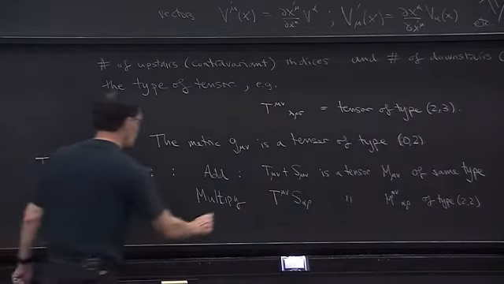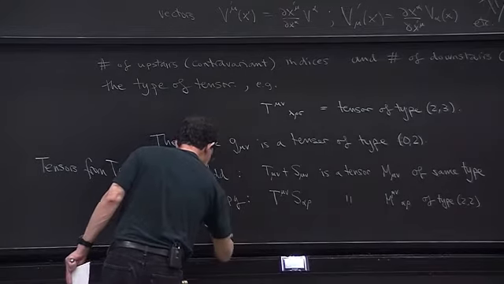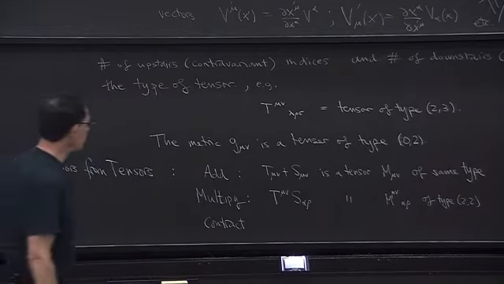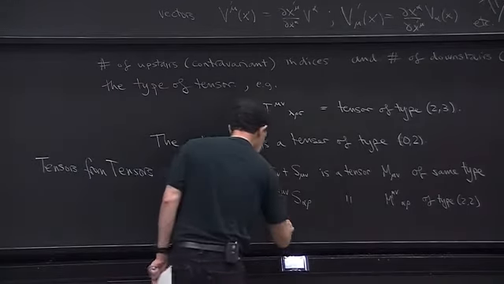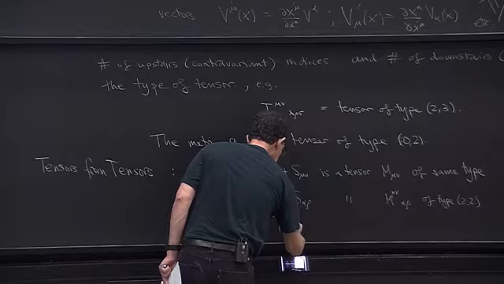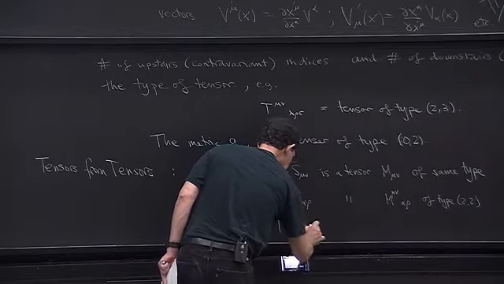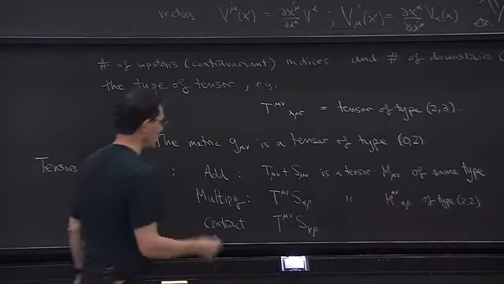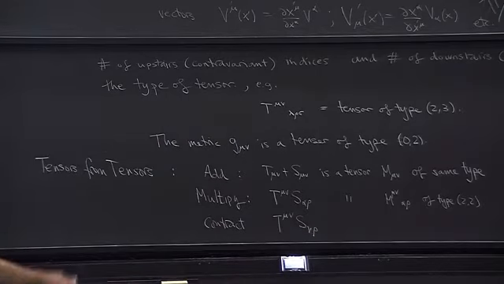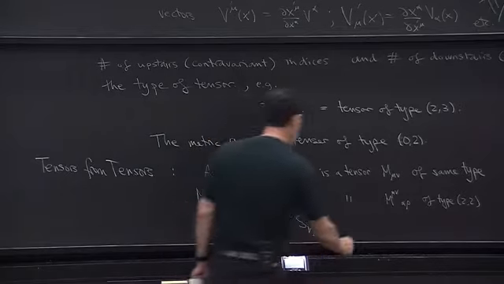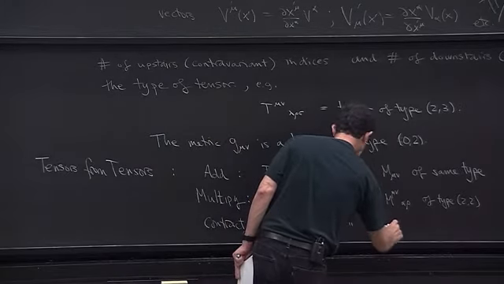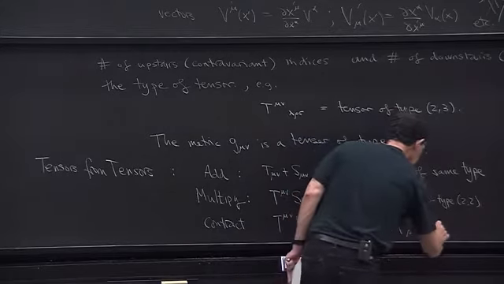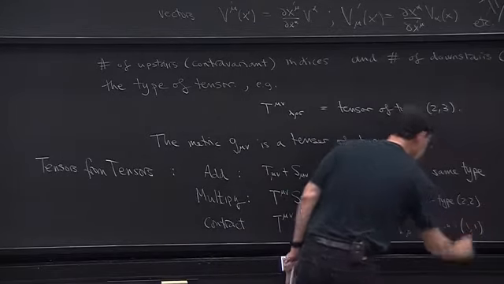You can also contract. Contracting is just an example of multiplying where I choose to sum over these indices. So T mu nu S alpha nu rho is just multiplying them and summing over the index nu. And so that's a tensor M mu rho of type 1, 1.